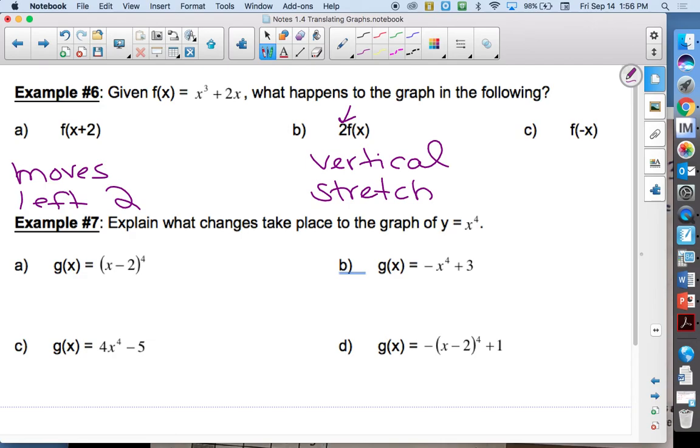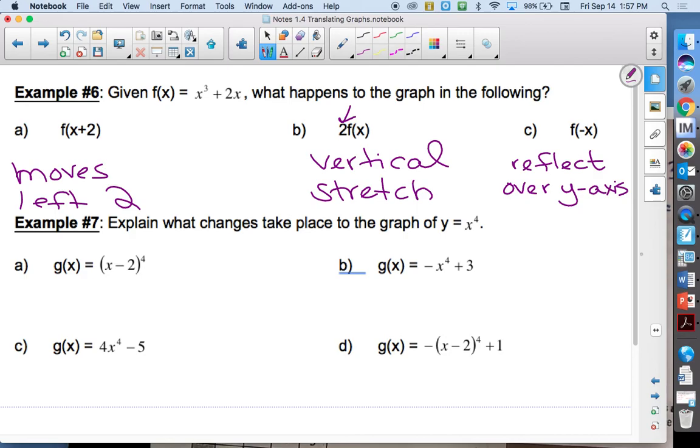And then the last one, if your x is negative, what's happening to it? What kind of reflection would it be if the x is negative? Yeah, Alice? The y-axis. Yeah. So it's reflecting over the y-axis.